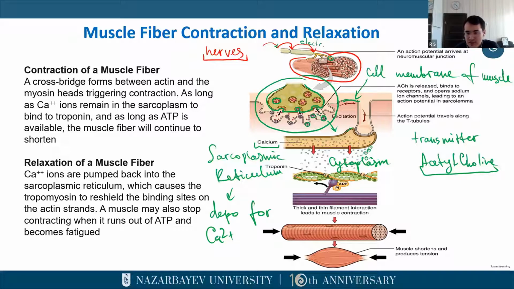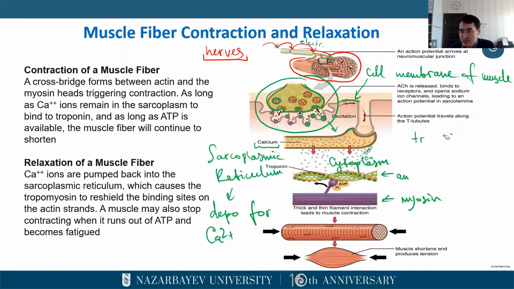And also we have these filaments here. So this filament is myosin. And this is the complex of actin. So here we have actin plus tropomyosin plus troponin.